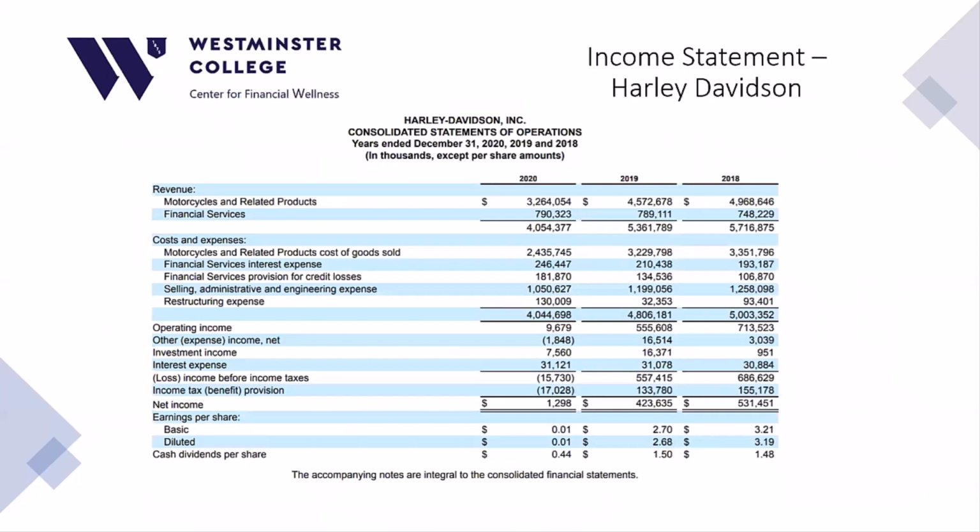Let's take a look at a real business, a set of financial statements. We'll look at Harley-Davidson here. This is their income statement, and we can see from the revenue accounts that Harley-Davidson sells both motorcycles and services, so products and services.